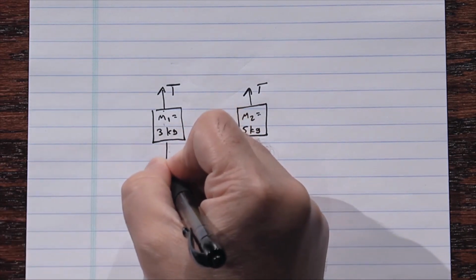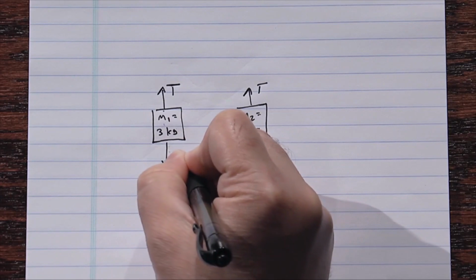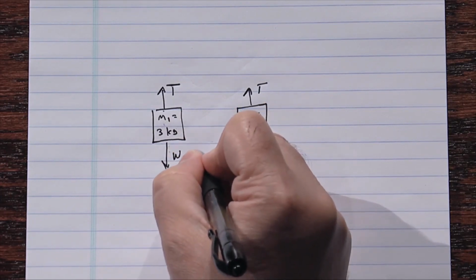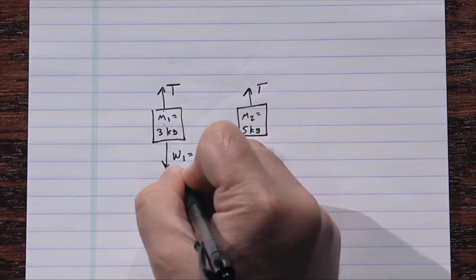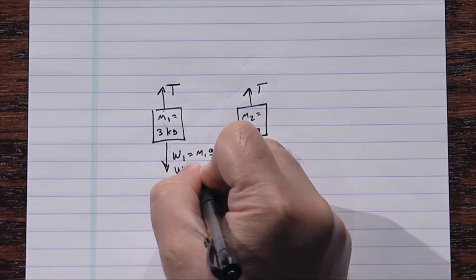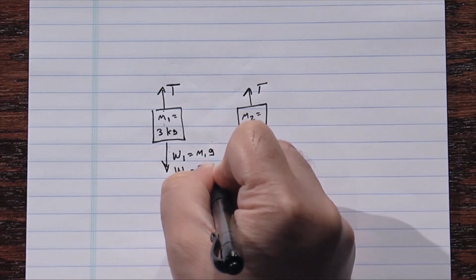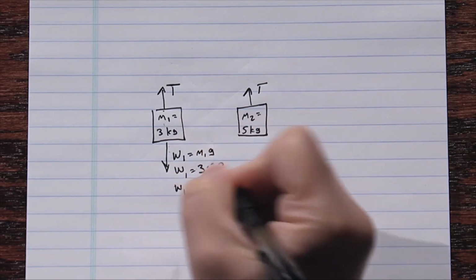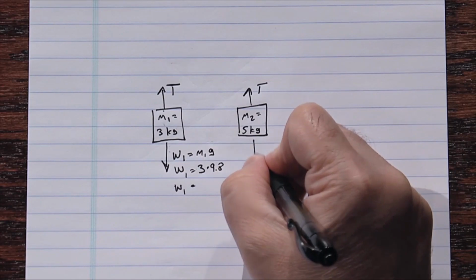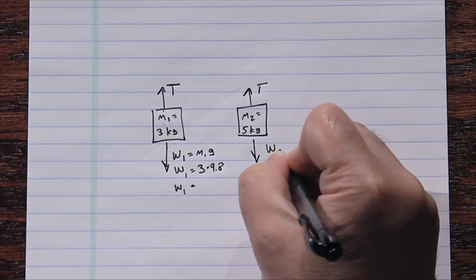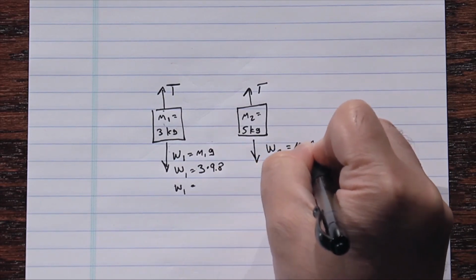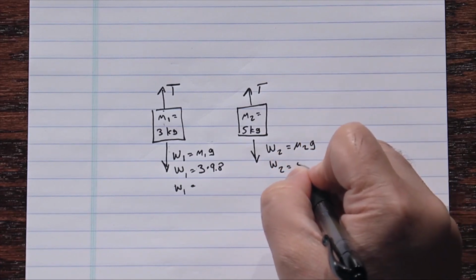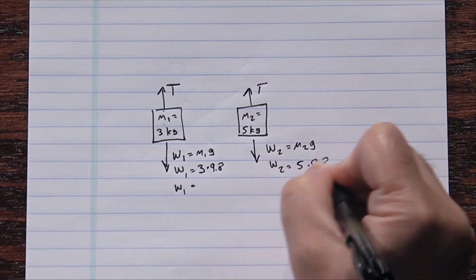Weight 1 is equal to mass 1 times g, so weight 1 is equal to 3 times 9.8. Weight 2 is equal to mass 2 times g, so weight 2 is equal to 5 times 9.8.